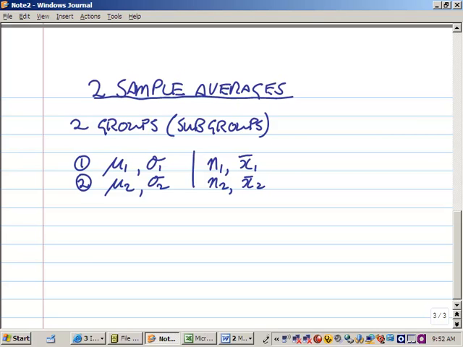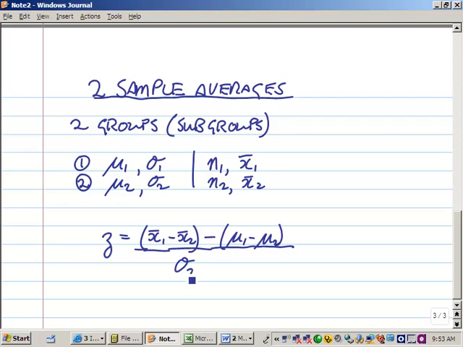The formulas in this case: the z will be the sample difference, which will be a limit in terms of the sample, minus the difference in the population, divided by the standard deviation of the particular distribution, and the distribution is the distribution of sample differences, x bar 1 minus x bar 2.